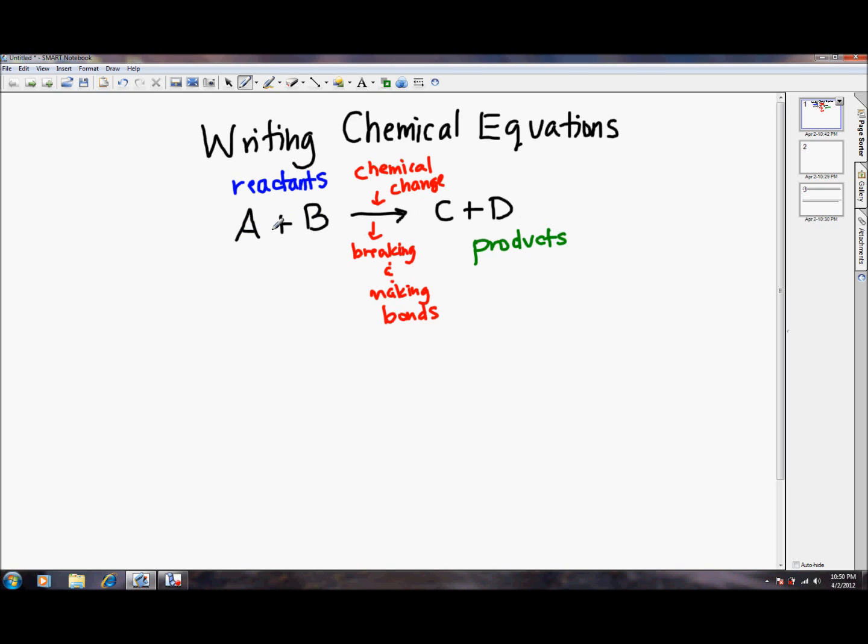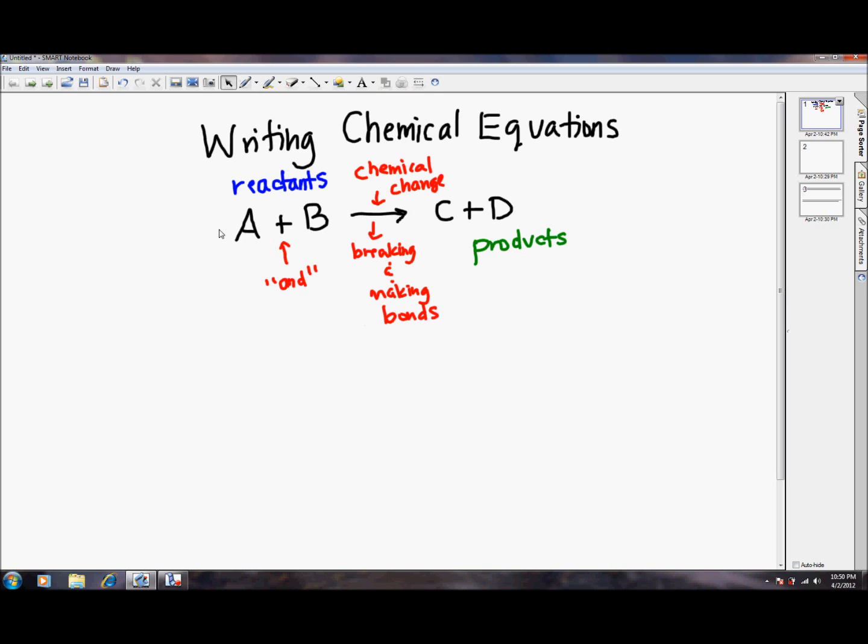Now, in chemical reactions, you do not always have two reactants. You do not always have two products. However, if you have more than one reactant or more than one product, their chemical formulas are separated by a plus symbol. The plus symbol is analogous to the word and.